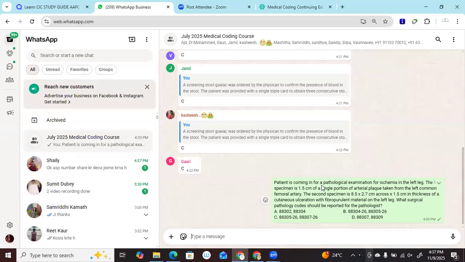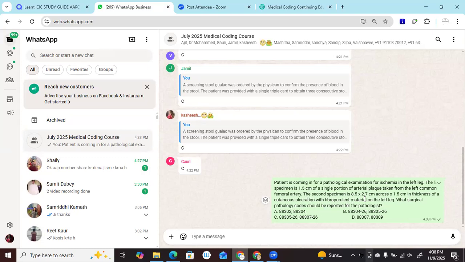Okay. So, in this case, the patient is coming for a pathological examination. The patient has ischemia in the left leg. The specimen is a 1.5 centimeter single portion of arterial plaque taken from the left common femoral artery.